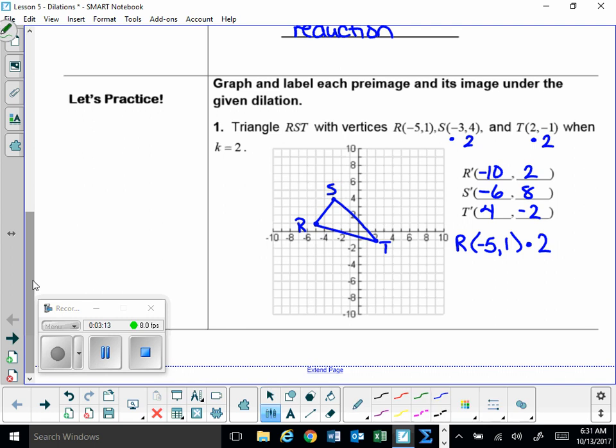So let's see here. -10, 2. -6, 8. 4, -2. Is our image an enlargement or a reduction? It is an enlargement. And we're done. It is as simple as multiplying by the scale factor.